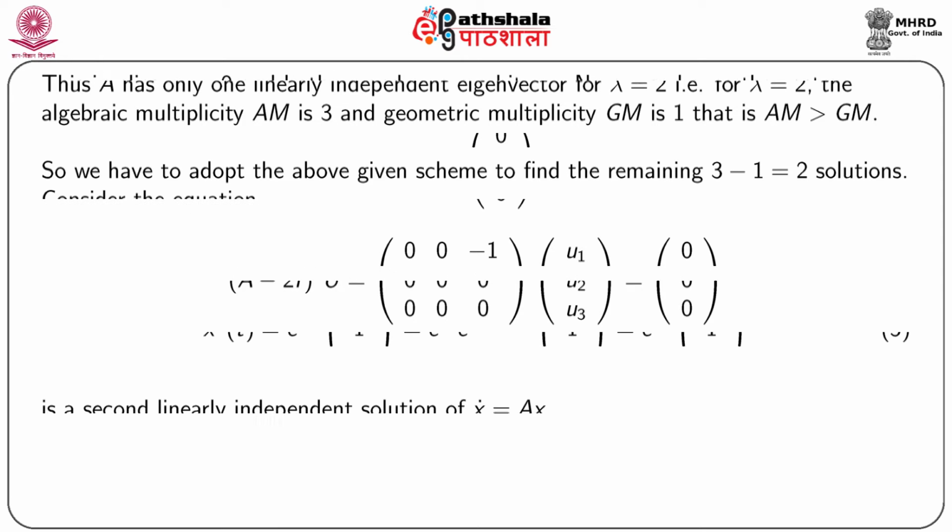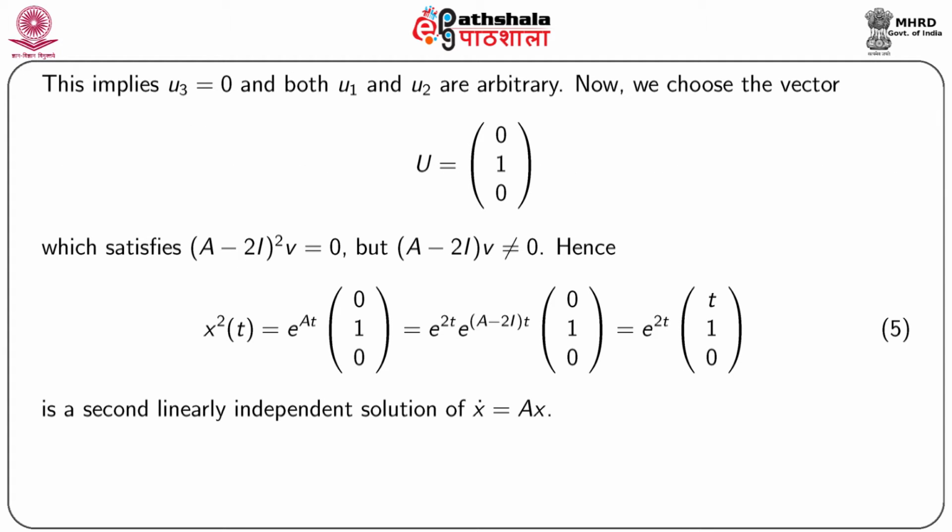So, we have this conclusion that u3 will be equal to 0, where you can choose u1 and u2 as arbitrary values. Now we choose the vector u equal to 0, 1, 0. Please note, this u3 will always be 0 and you can choose anything which satisfies (A minus 2I) squared v equal to 0, but (A minus 2I) v will not be equal to 0.